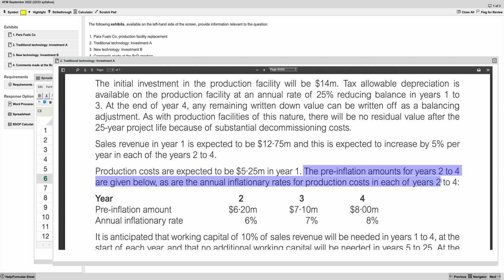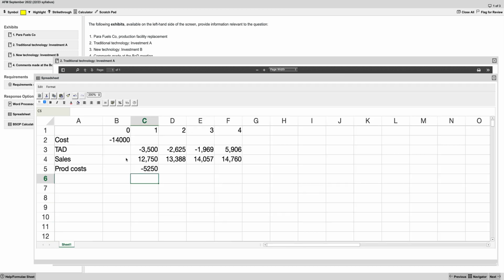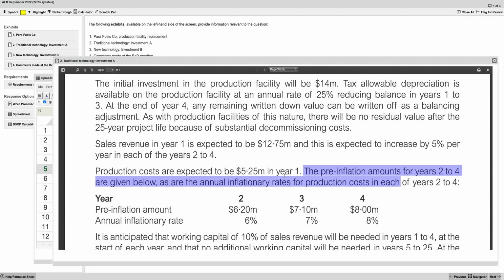The pre-inflation amounts for years 2 to 4 are given below, as are the inflation rates. So in year 2, it's 6.2 million with inflation of 6%. So equals minus 6,200 times by 1.06. What about year 3? Year 3, it's now gone to 7% and it's 7,100.